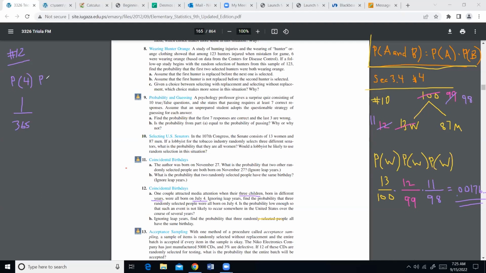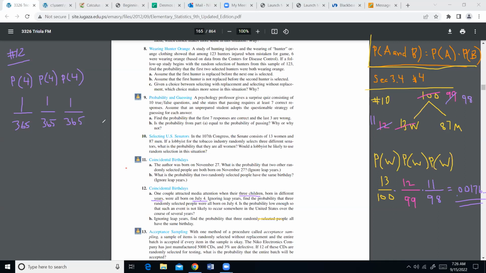And then again, the next child is born on July 4 again. So again, out of 365 days in a year, there is only 1 4th of July. And there's a third child. How about that? The third child also born on the same day. So the next year, again, 365 choices, and there's only 1.